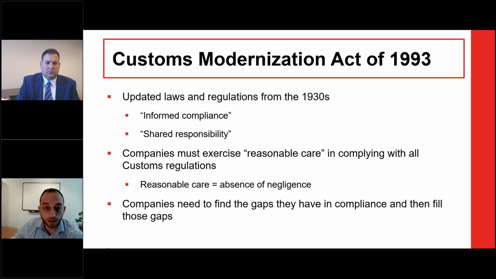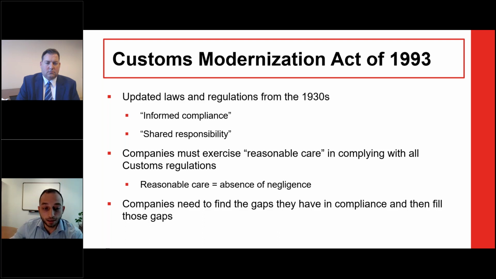In addition to that, as part of the Customs Modernization Act, companies are now required to exercise reasonable care in complying with all customs regulations. Obviously there is not a clear definition of reasonable care, but it essentially means that companies should not be negligent in making any declarations as to country of origin or classifications or describing the product at the entry into the United States.